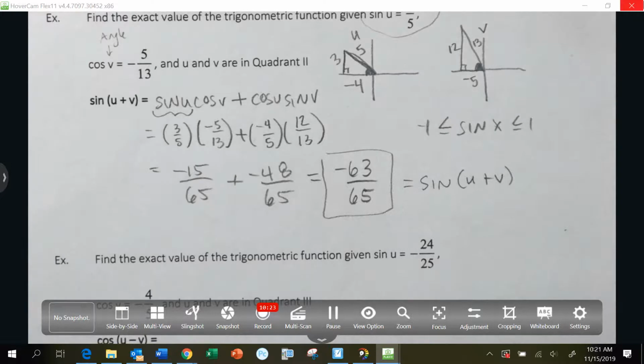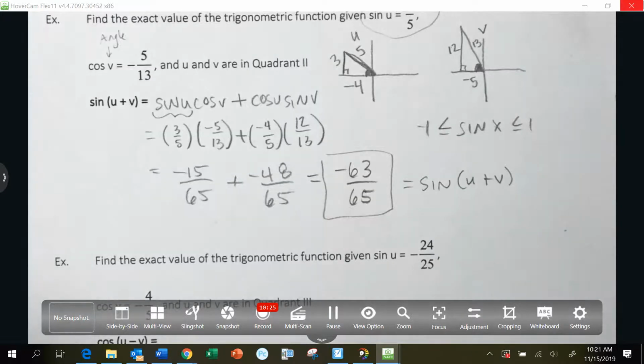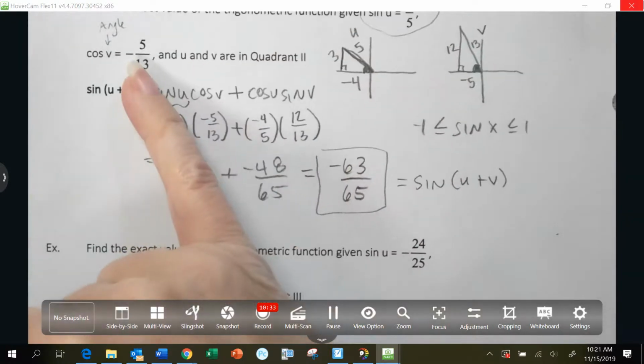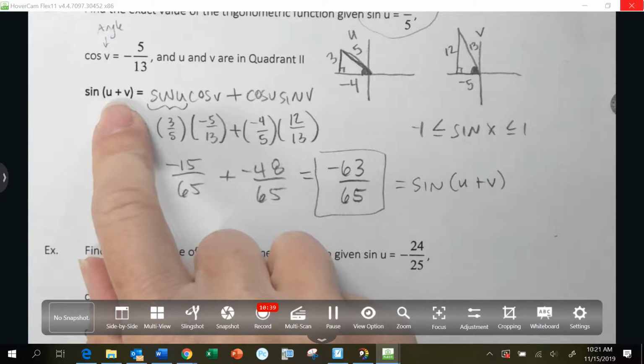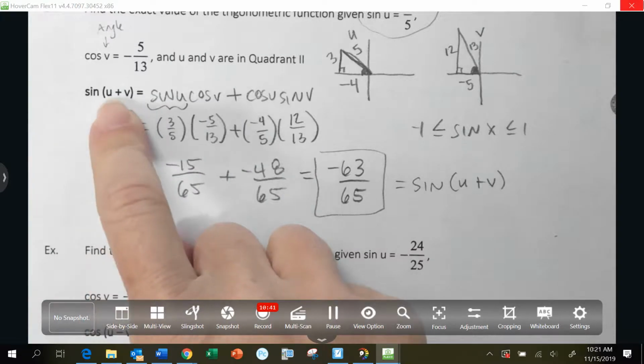It just says find, and sine is 3 over 5, and cosine is negative 5 over 13. Why don't we add those? How do you know that that's telling you to add? It's just because it's telling me you will need this piece of information to know what to do.